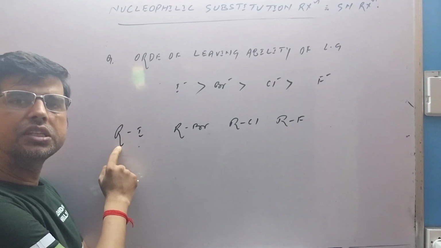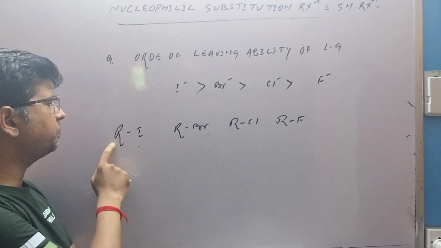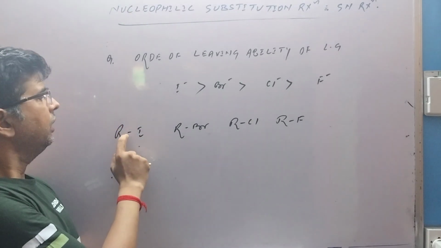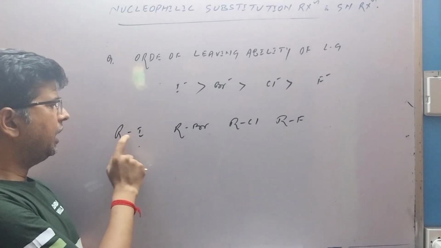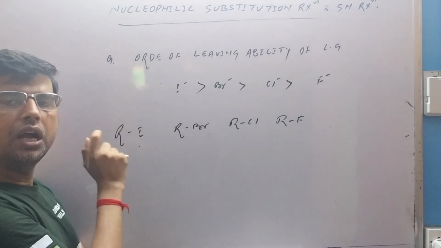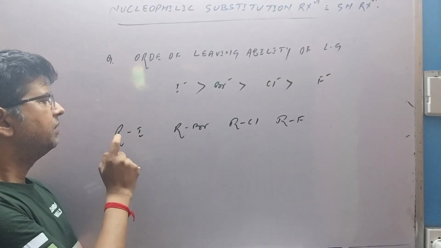Here R means alkyl part. Carbon is sp3 hybridized, and carbon bonded with I; the atomic orbital of carbon is 2p, iodine has 5p, so bond length is much larger, bond energy much weaker, bond cleaves easily.